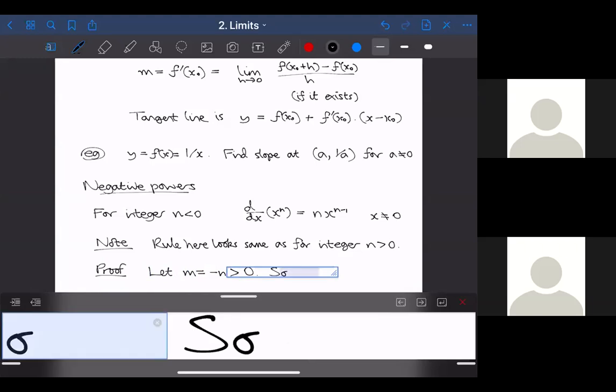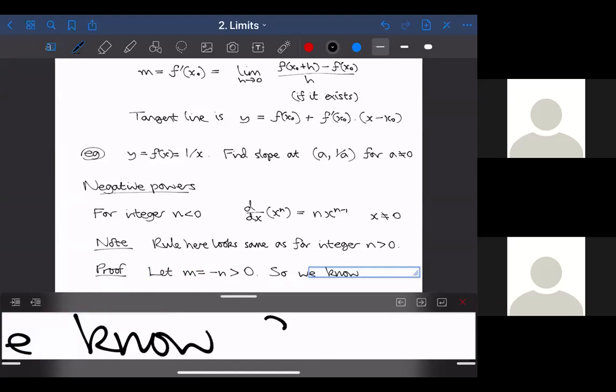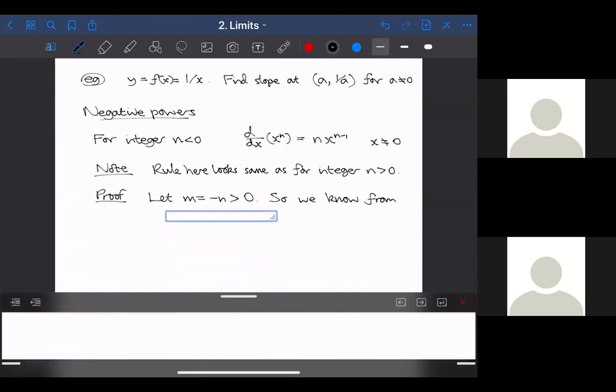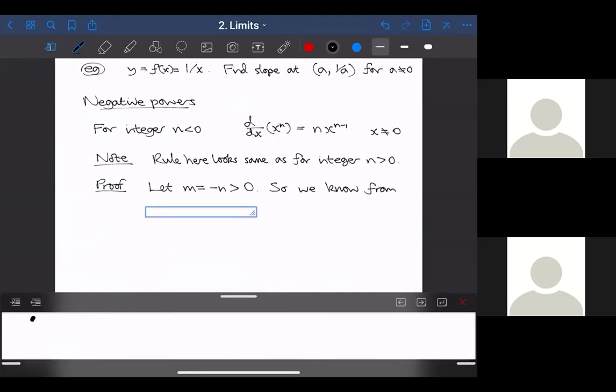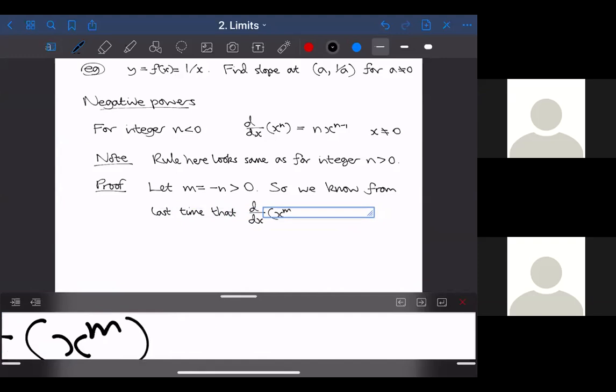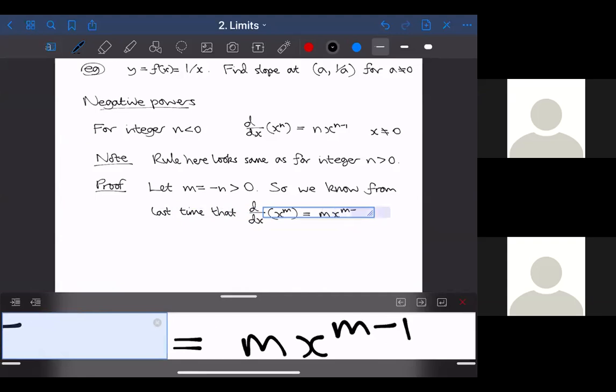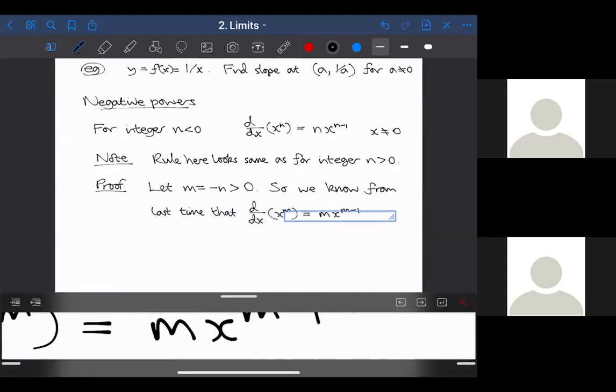So we already proved that d by dx of x to the m, because this is positive, is m times x to the power m minus 1.